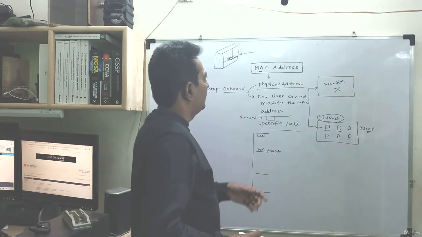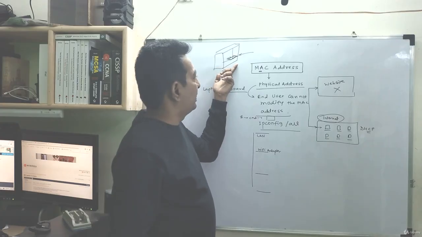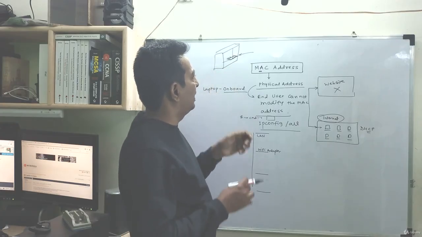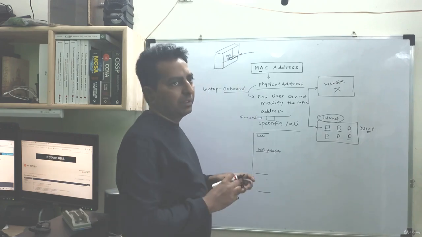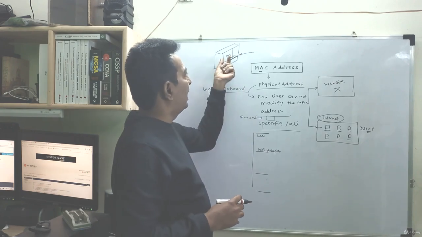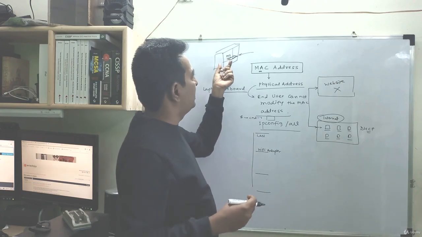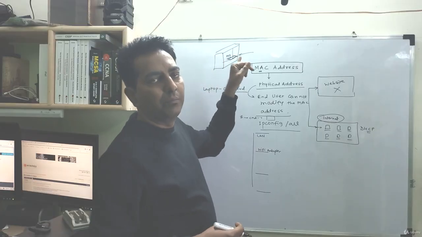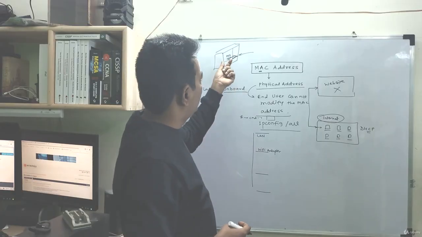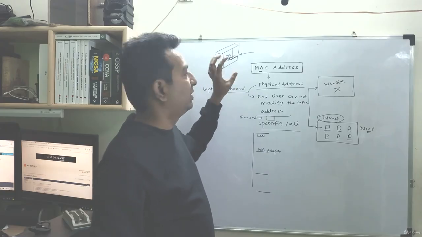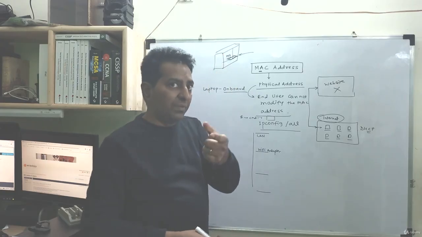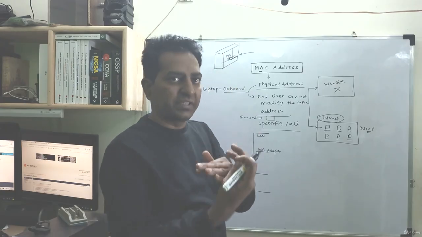So friends, if it is a desktop computer, as I said, there is a PCI slot on the motherboard, and the PCI slot is nothing but peripheral component interconnect. This PCI slot is an expansion slot on the motherboard, like an AGP slot that is used for a graphics card.